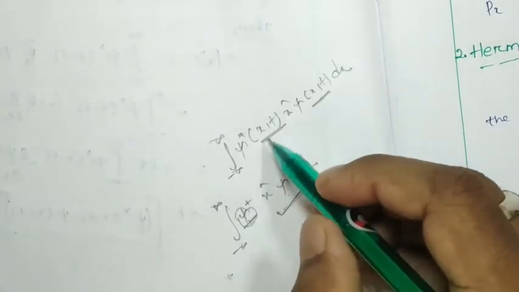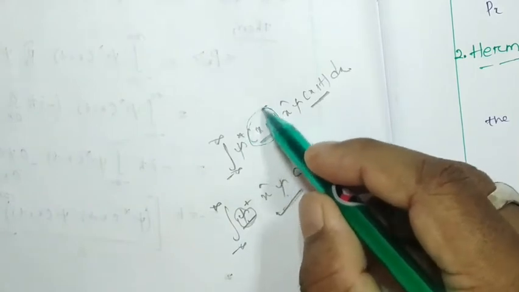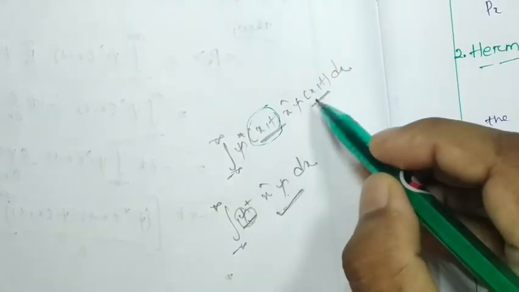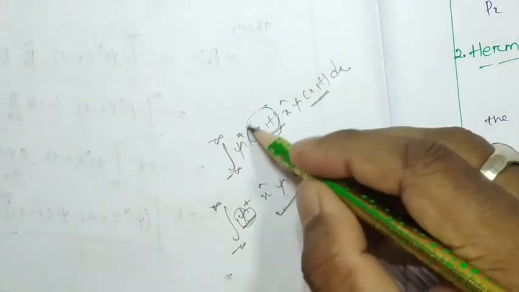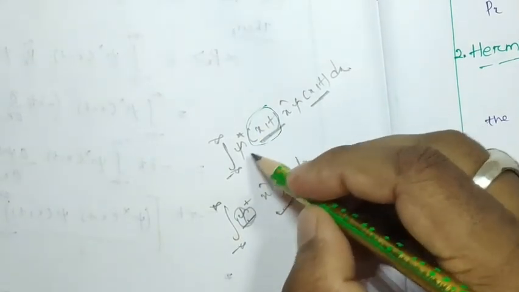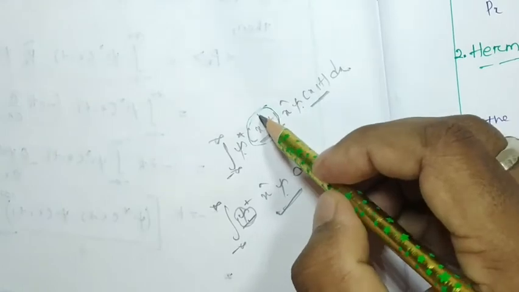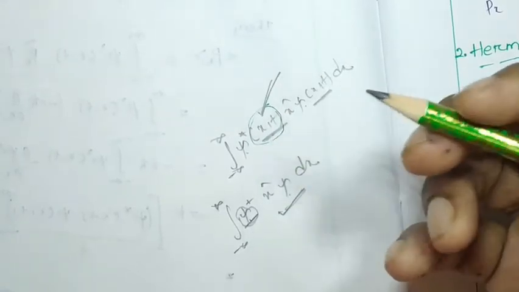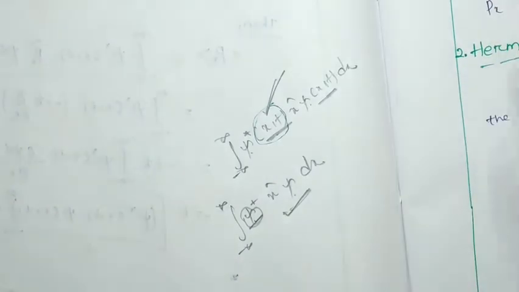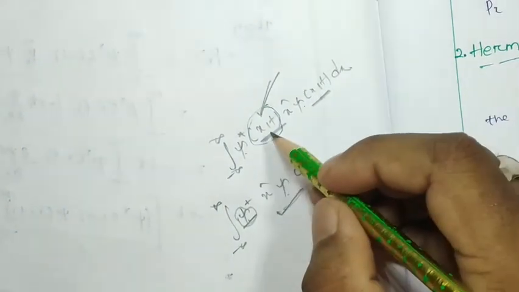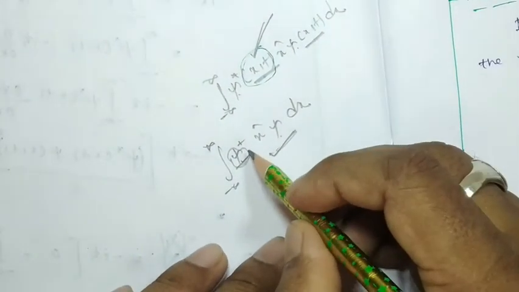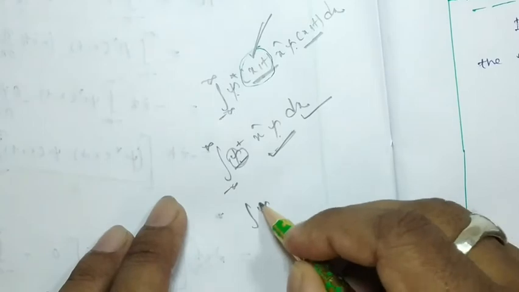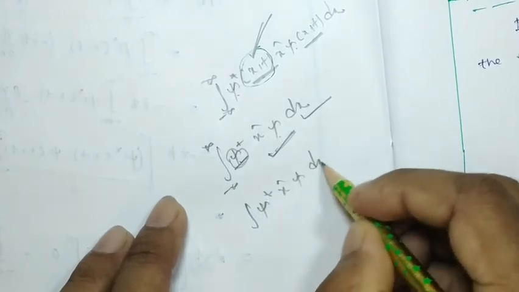So if we do not write the function of psi star or psi, there is not that much problem of representation. The bracket (x,t) only represents the function that belongs to psi star and psi. If I omit it, it is not going to change anything. Most of the books write in this format, that is psi star x cap psi dx.